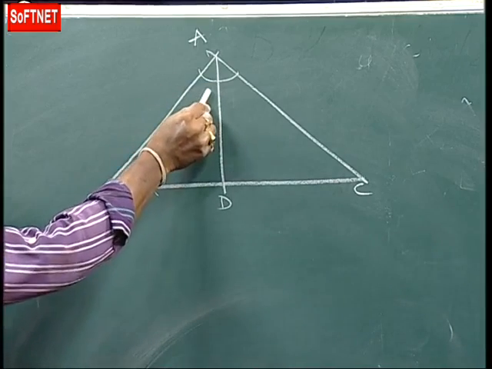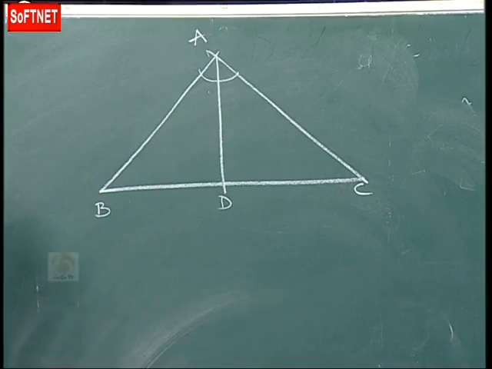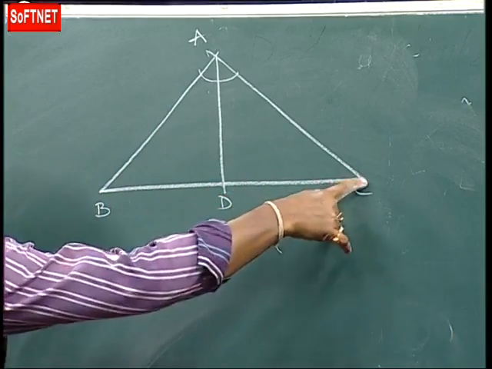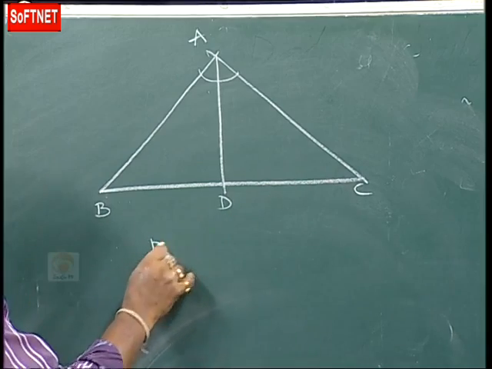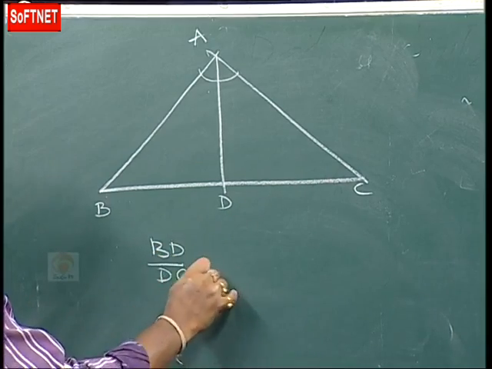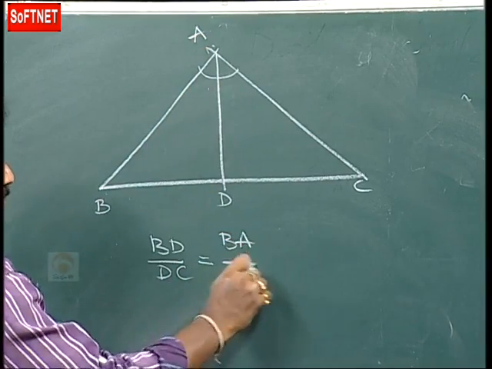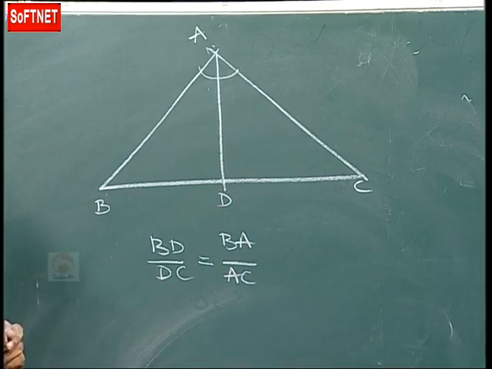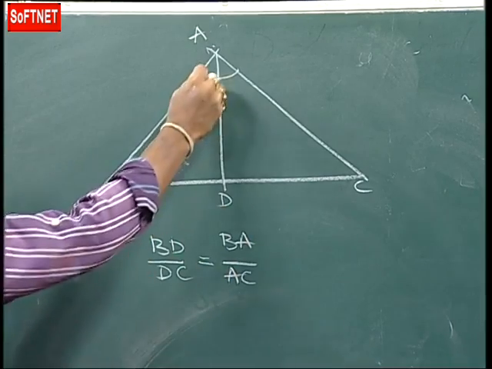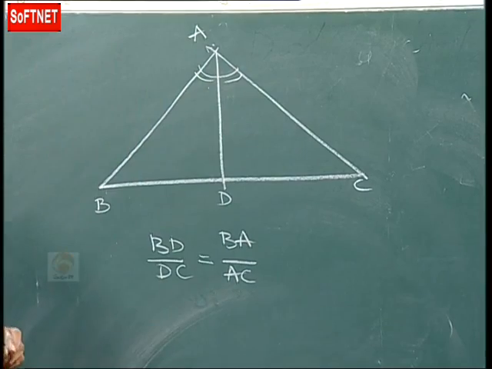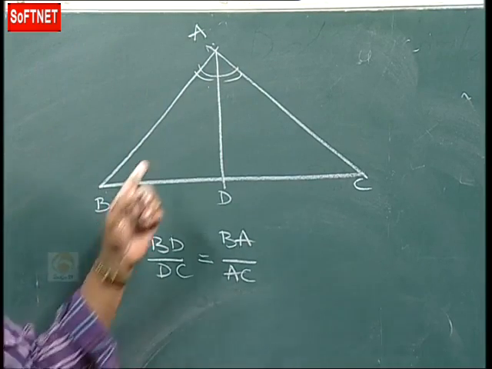The angle bisector of the vertex angle of a triangle divides its opposite side BC, that is BD by DC is equal to BA by AC. This is the most important. Okay. So where AD is an angle bisector. This is called the vertical angle bisector theorem.